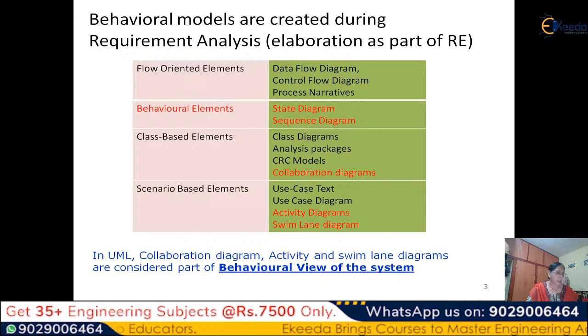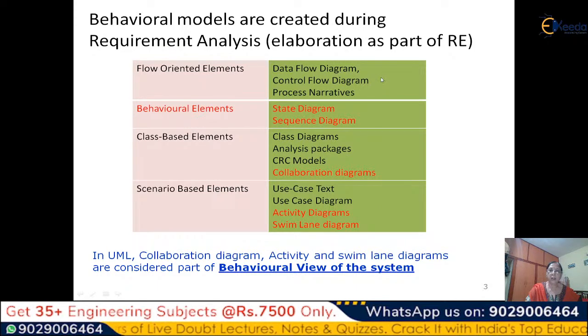Mainly in the requirement analysis, the elaboration part of the requirement engineering, we start doing all kinds of modeling, and we have 4 types of elements in this modeling, and these are the set of the diagrams that we use.